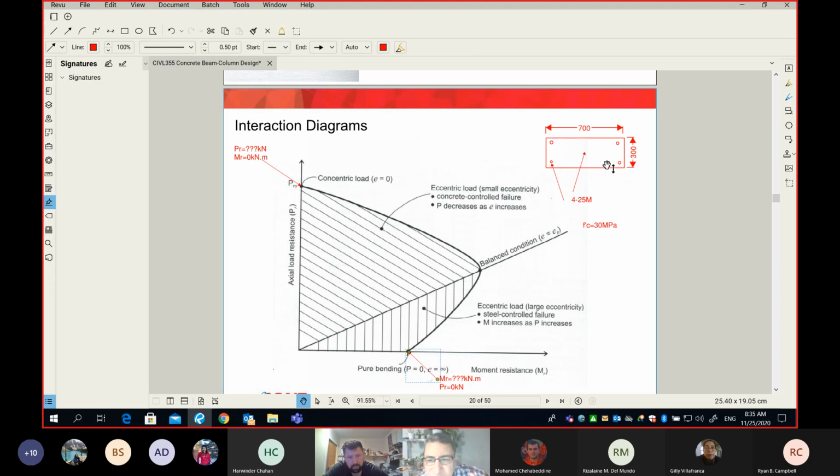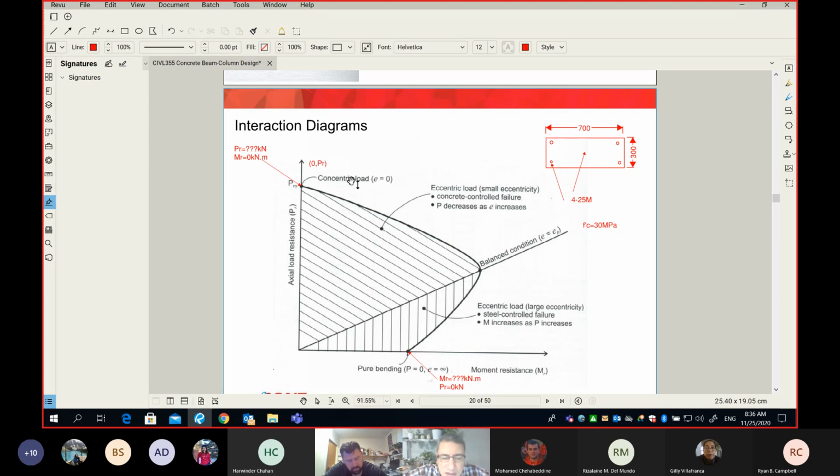If I give you this section here with all the reinforcement and all the f'c, all dimensions, you should be able to find what should be the axial force without any bending moment. And when I say without any bending moment, think about it as a pair of coordinates, PR and 0. Okay, I'm going to write it down here. So this point as coordinate is going to be PR, comma 0, X and Y. I'm sorry, 0, comma PR.